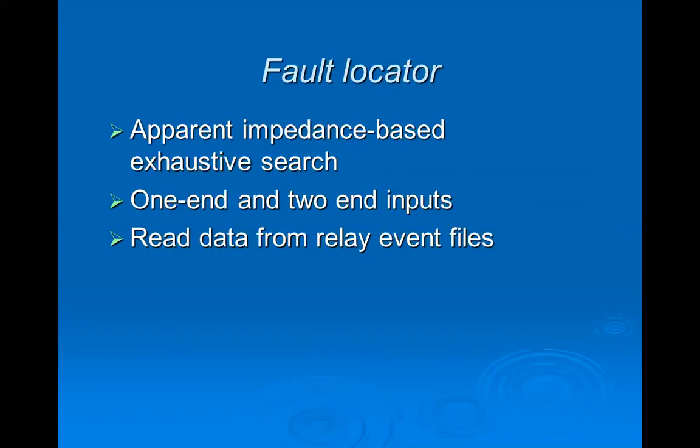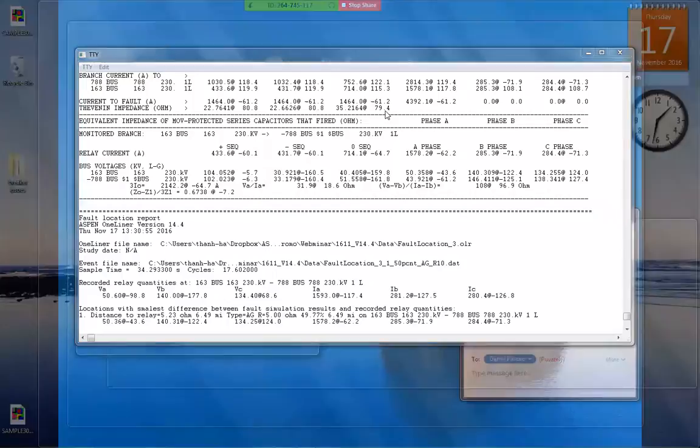And also, in the search we give more weight to the reactance part of the impedance and less weight to the resistance part, and that results in quite a reliable search result. Okay, it is also quite reliable.